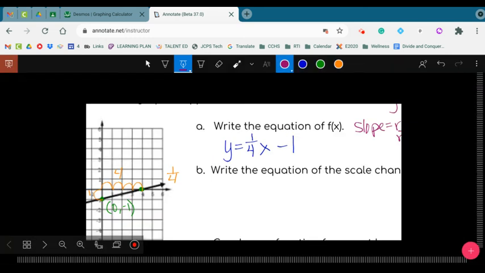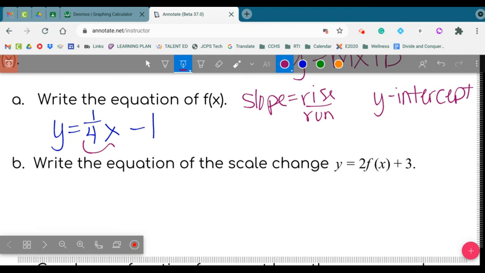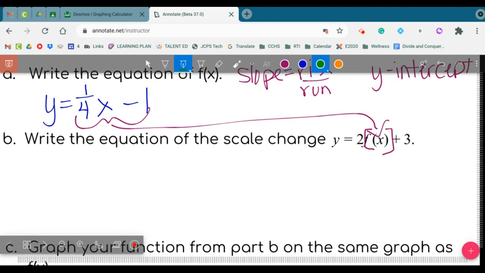So once I have this equation, I plug this in for my f of x, and then I apply the scale change. So I'm going to have y equals 2, and then I'm going to put in parentheses what my equation was for my graph that I found.